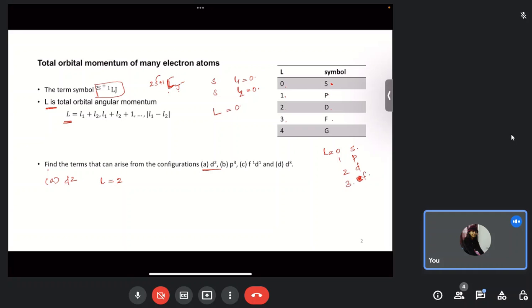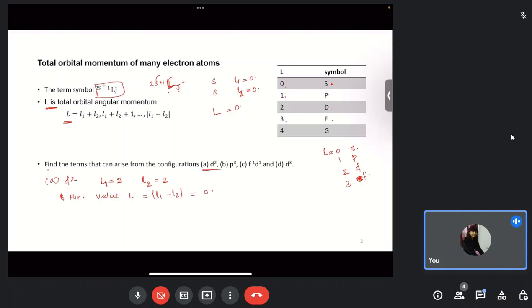So let's consider these values. When you have two electrons in the d orbital, your L1 is going to be 2, and L2 is also going to be 2, because your other electron is also in the d orbital. So the minimum value that L can adopt is the absolute value of L1 minus L2, which is 2 minus 2, which is 0.